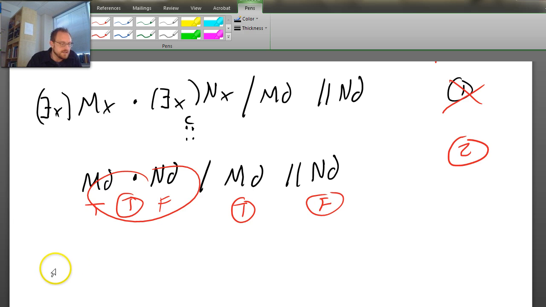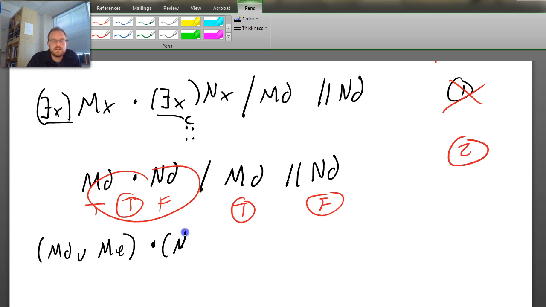Well, let's just do it like this. Since these are existential quantifiers, we use disjunctions. So that's going to be Md or Me, and Nd or Ne. So we're using D and E here instead of A and B. You can use A and B though, it doesn't matter what letters you use.